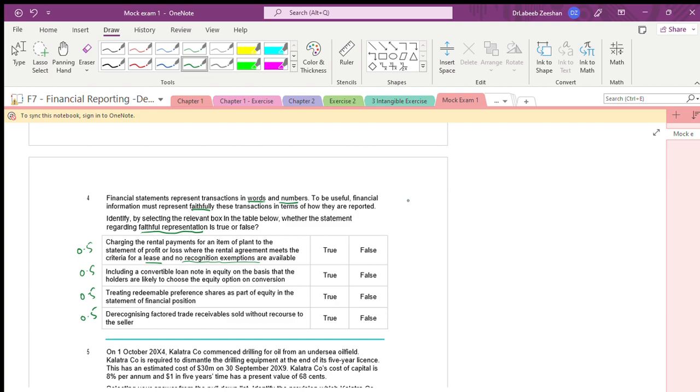Now, what you are doing is charging the rental payment. Rent is different, lease is different. They have charged the rental payments for the plant and machinery to the profit and loss account, where the payment meets the criteria of a lease and no recognition exemptions are available.